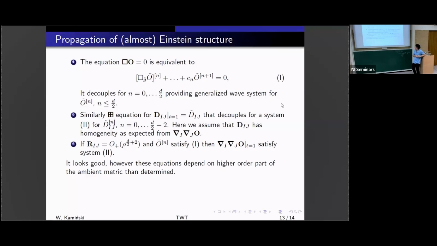Okay, so this was to check whether anyone is looking at the indices that are written here. Everyone who knows the ambient metric very well will remember that something is wrong with these indices.